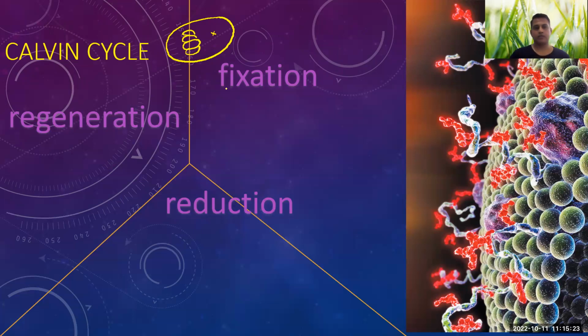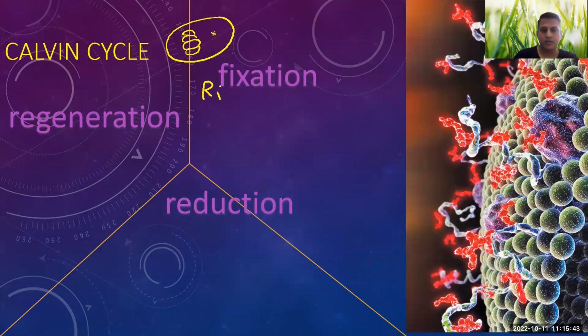Okay, now the light independent reaction, or Calvin cycle, starts with the first reaction. The first reactant is a compound called ribulose bisphosphate.